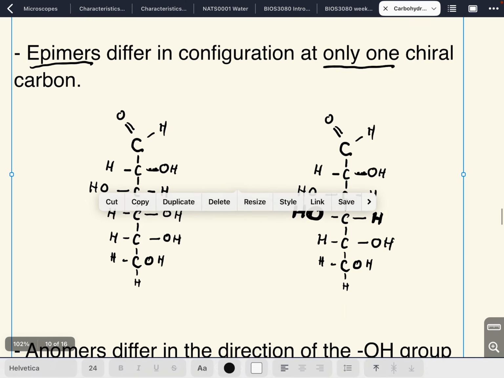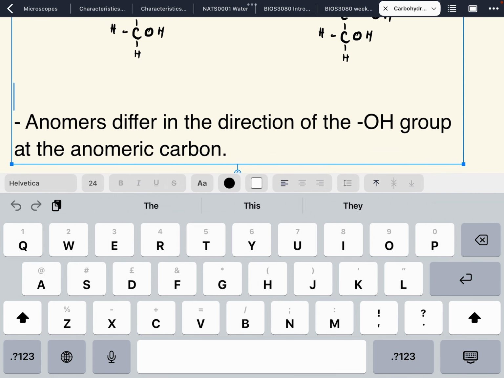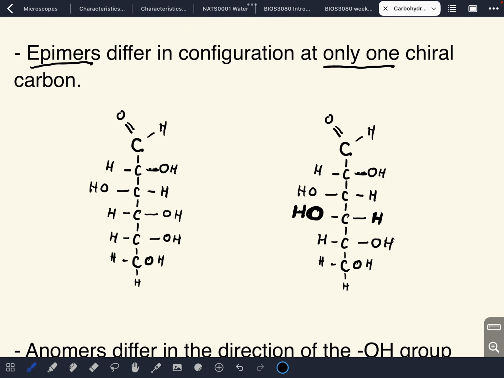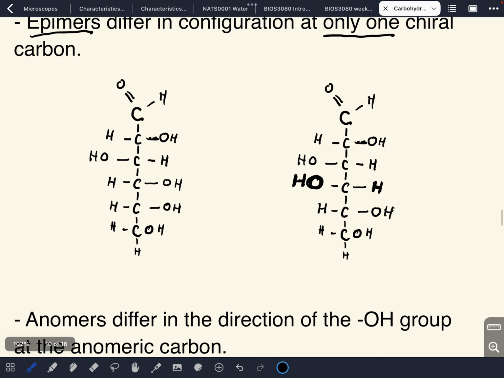So, for example, if we look again at our glucose molecule, when we look at the last chiral carbon, this would be D-glucose. And when we look at, for example, this molecule here, we see it is also in the D form.